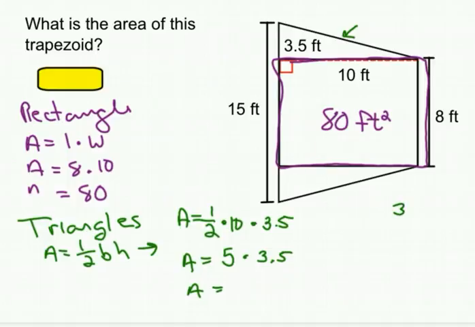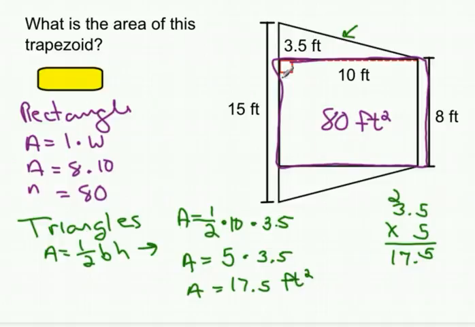I'm going to take my 3 5/10 and multiply it by 5. 5 times 5 is 25. Regroup the 2. 5 times 3 is 15, plus 2 is 17. So the area of one of my triangles is 17 5/10 square feet. Okay? But remember, we're not done yet.